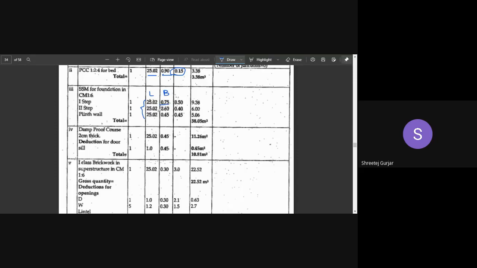For the second step, if you observe in our section, it is 0.6, and for the plinth, that is your third step, the width is 0.45. And this is the depth or height of your steps, given over here. So this is how you get your size stone masonry quantity in meter cube.